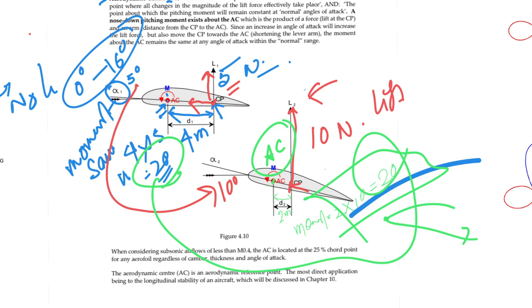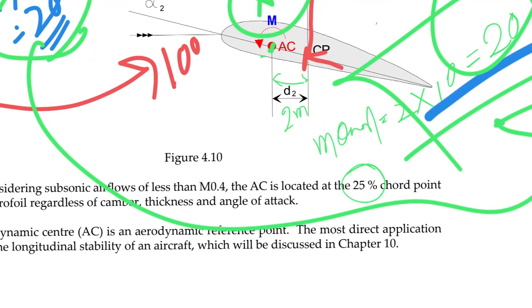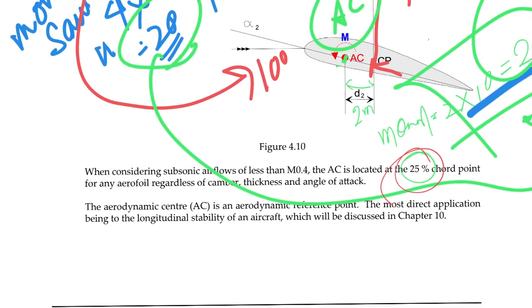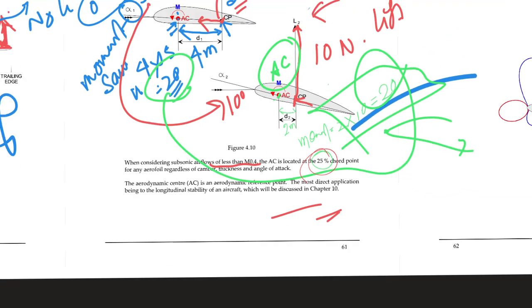It is basically 25% of the chord point. Remember this, it is 25% of the chord point at lower speed. We'll discuss this later in chapter number 10.